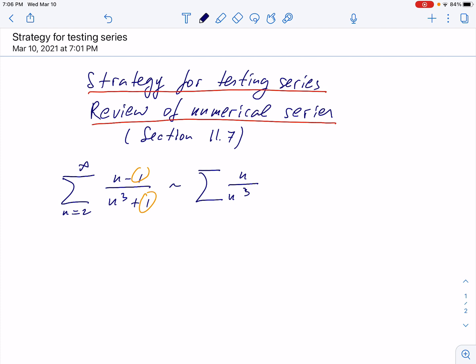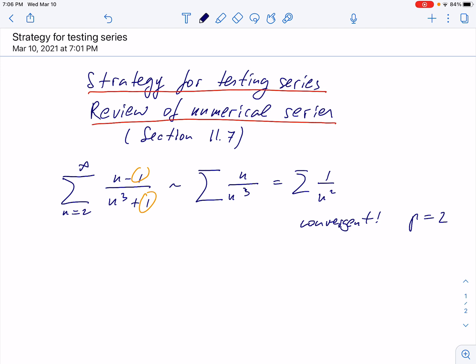Here we can reduce by n, and this is the series 1 over n squared, which is convergent. It's a p-series where p is equal to 2. Well, it's good to know that the series that we have here is quite popular in mathematics.